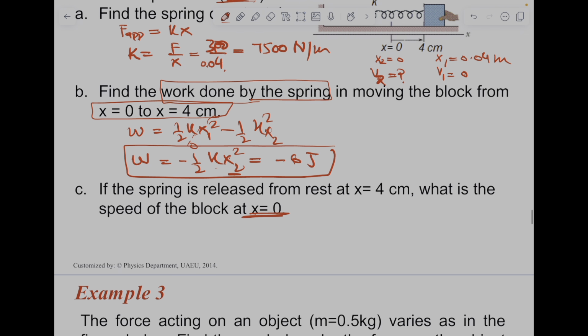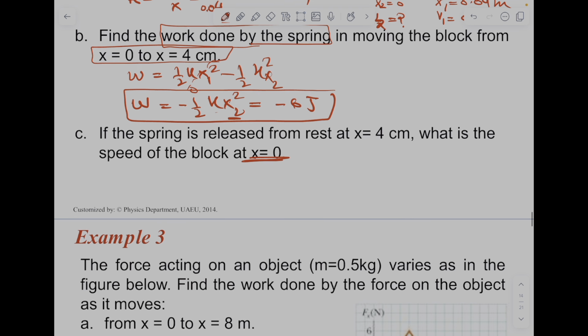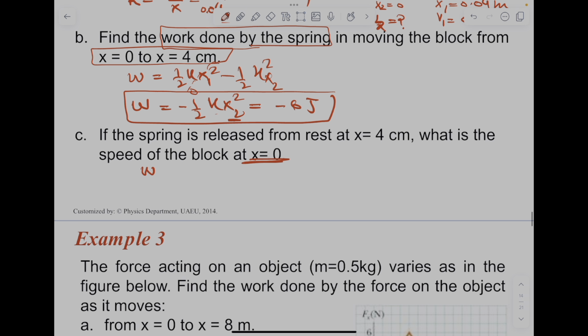So we apply our work energy theorem. What is your work? Work is nothing but the change in kinetic energy, which is 1/2 mv2 squared minus 1/2 mv1 squared.